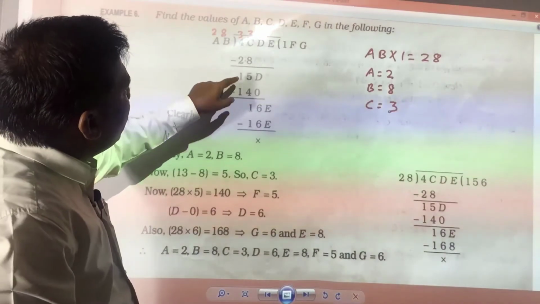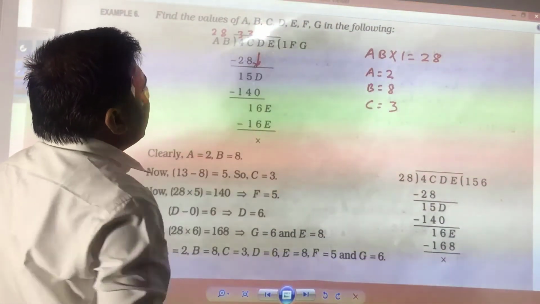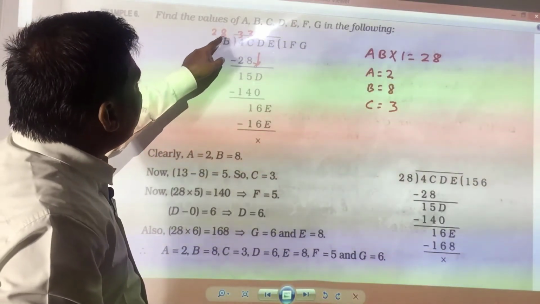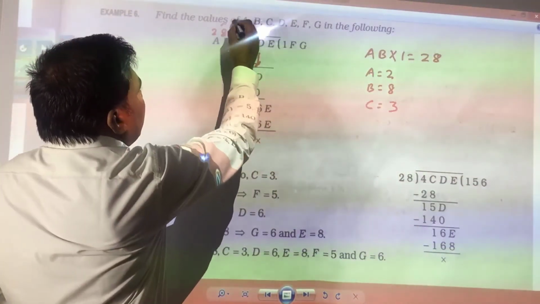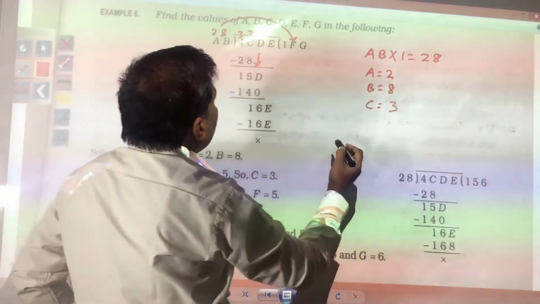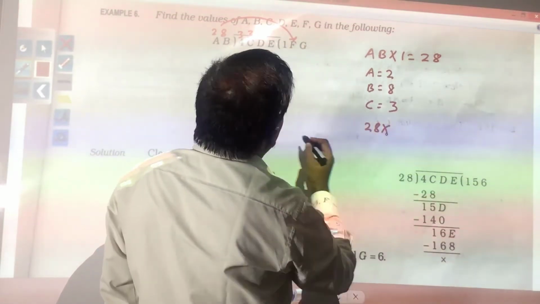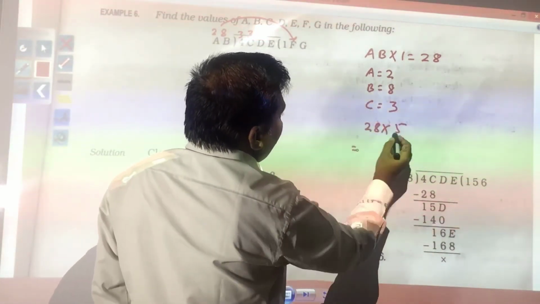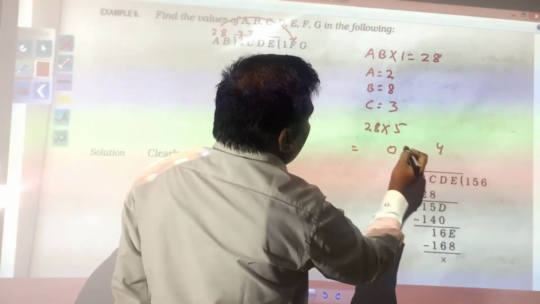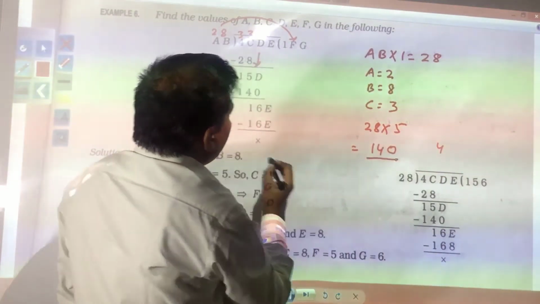So, now you have got 1 5 D, D has been taken down. Now, 28 multiplied by what number so that you have got 140? So, just you multiply 28 into 5: 5 times 8 is 40, 5 times 2 is 10 and 4 is 14, 140 you have got.